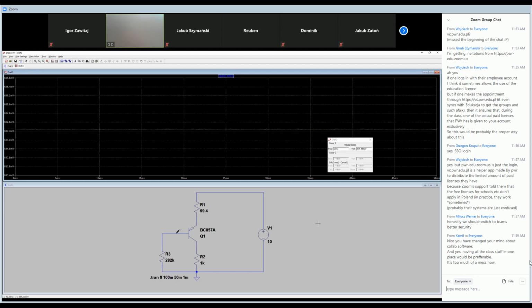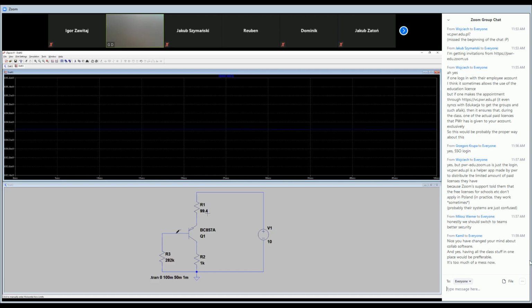However, you have to know that if you wanted to build that circuit for real, we have to choose the correct resistances. As you know, we don't have any arbitrary resistances. As you see, the emitter resistor from calculations is 99.4 ohms, so we have to choose and buy the 100 ohms.